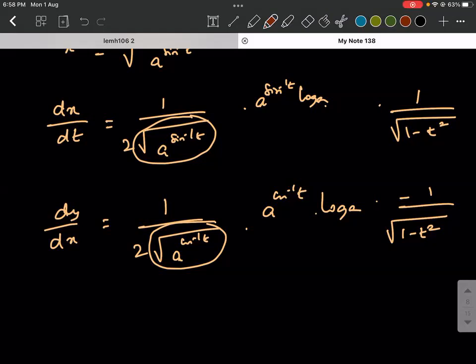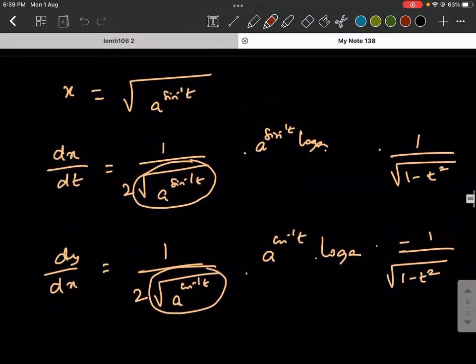Now you cancel it, you will get the answer. Did you understand? So you can use this method also so that you are comfortable with it.